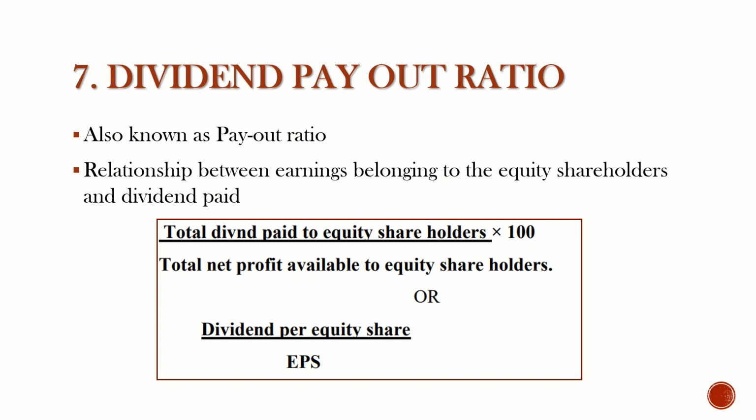So it can be calculated as DP ratio is equal to total dividend paid to equity shareholders divided by total net profit belonging to equity shareholders into 100. Or it can also be calculated as dividend per equity share divided by earnings per share. So per share or in total we can take it for the calculation of dividend payout ratio.